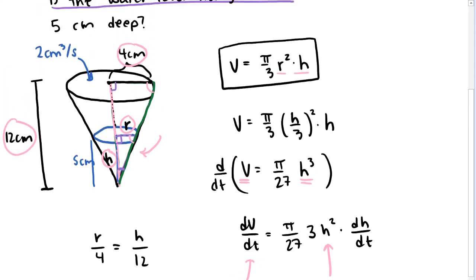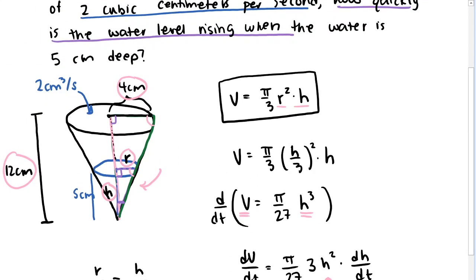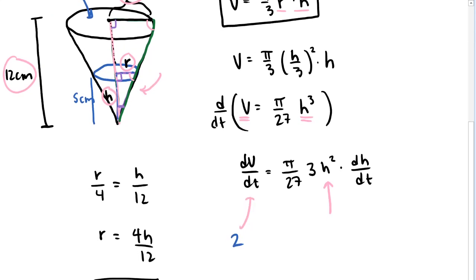We're asked to find the rate of change of the water level when the water is 5 centimeters deep, right? So here we know that H is equal to 5. And so the only missing piece of information is this dH/dt, and so we can solve for it.